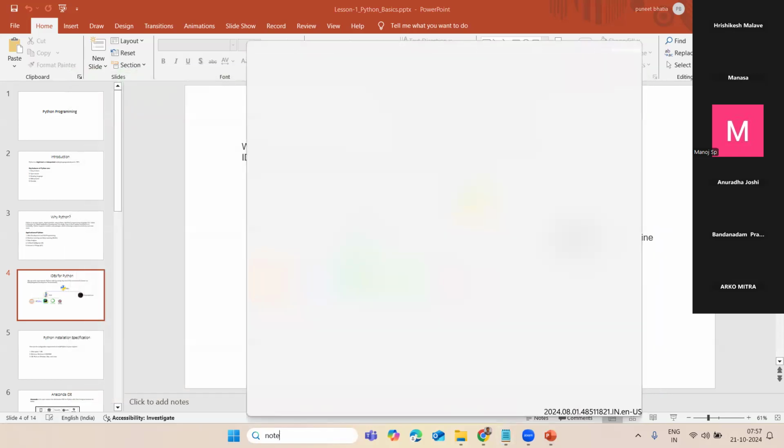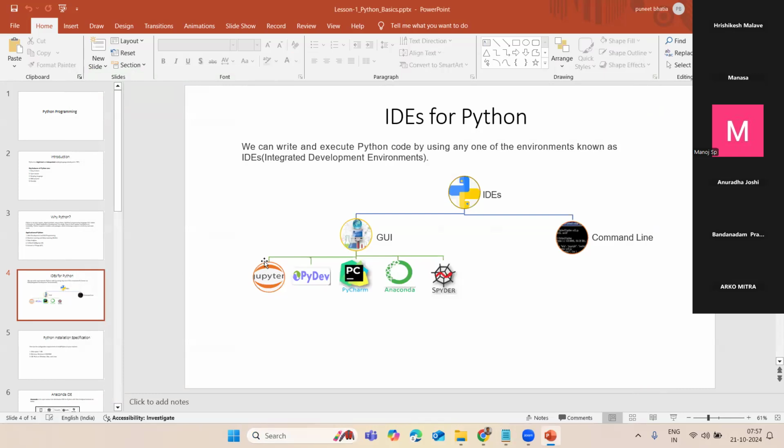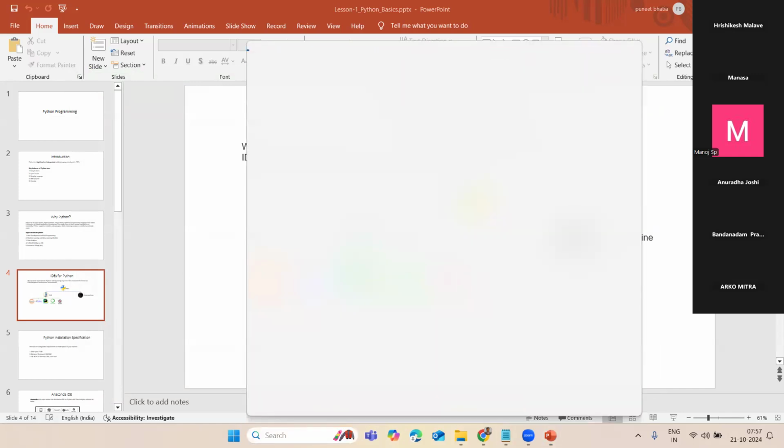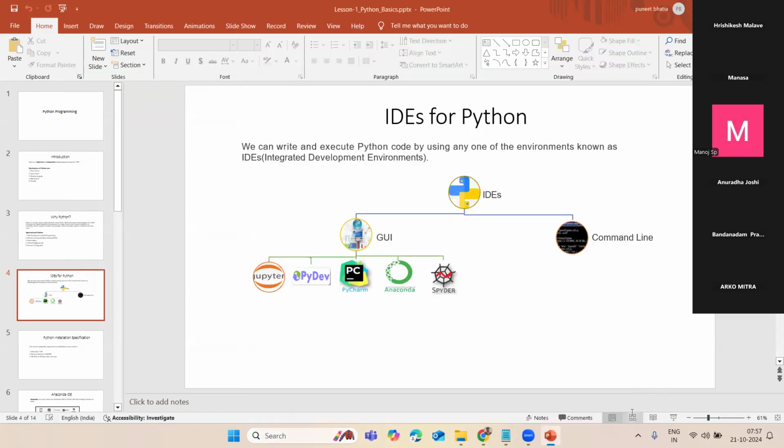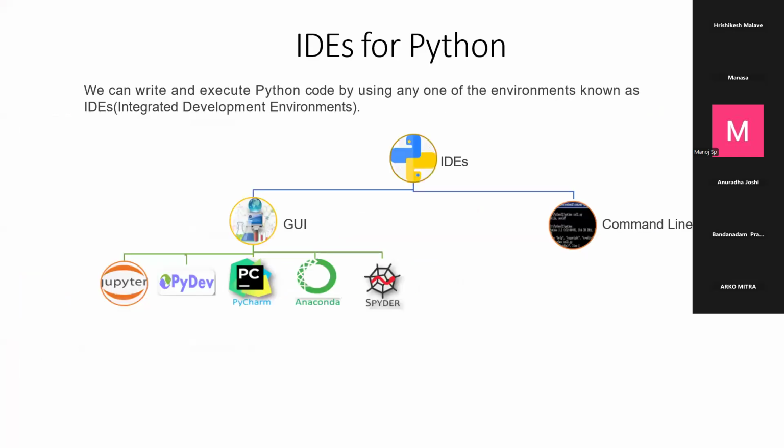These are the editors where you can write your code. They themselves are nothing, but they give you the environment where you can write the code. You need some tool where you will write your code.